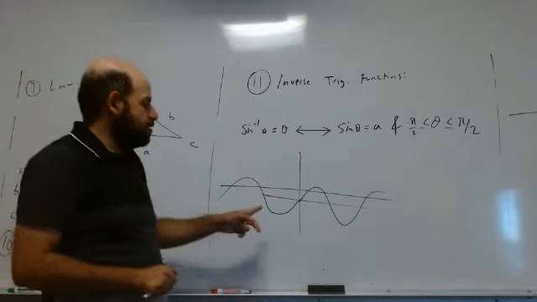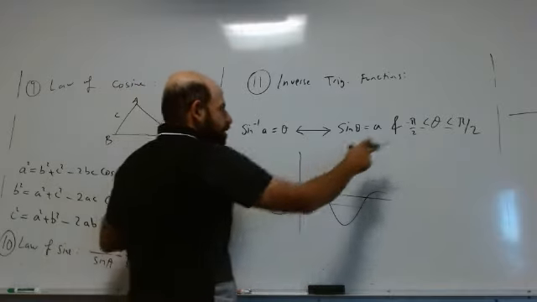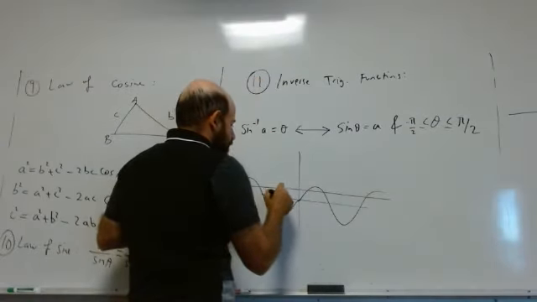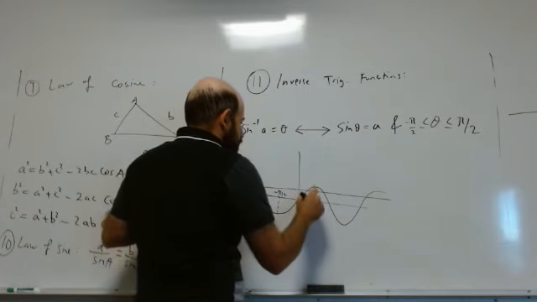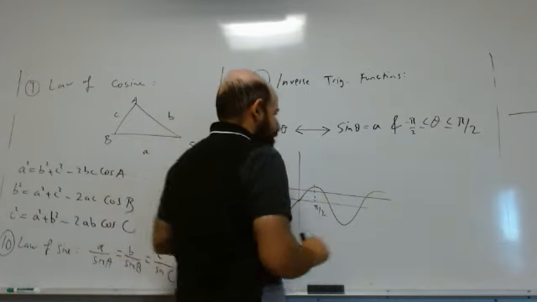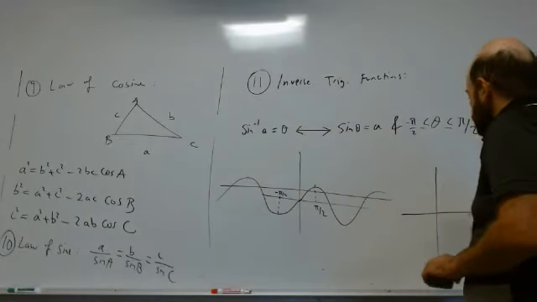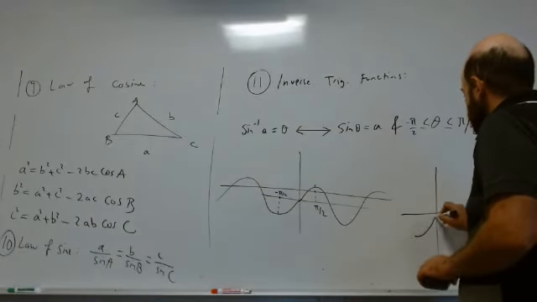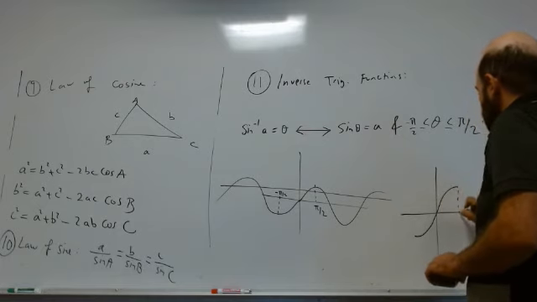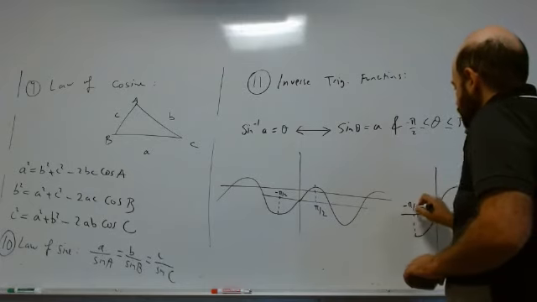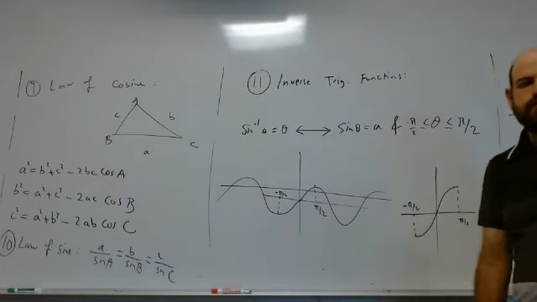So if I change the domain to minus pi over 2 to pi over 2, this is where these numbers are coming from, then the function becomes one-to-one. If the function looks like this, then it is one-to-one.